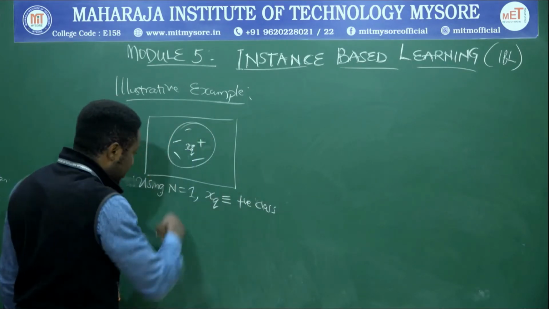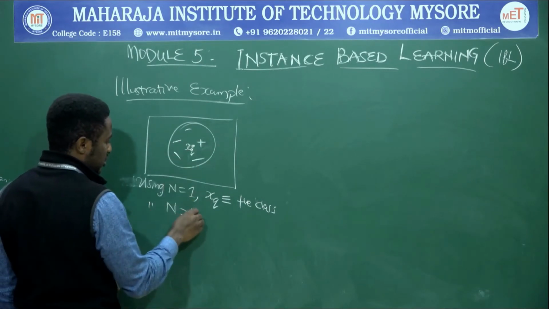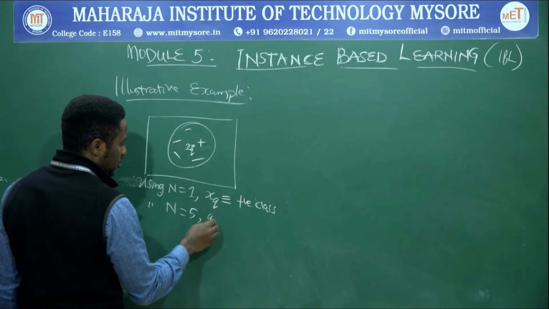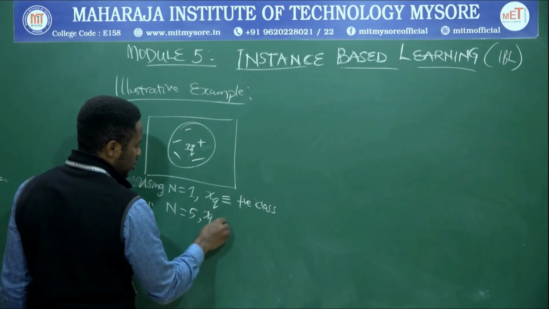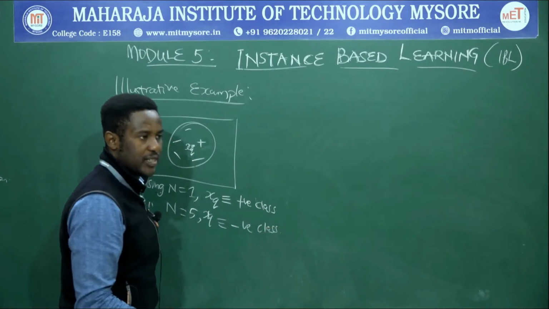Now when I change the nearest neighbors to be 5, x_q will be assigned to the negative class. I hope that made sense.